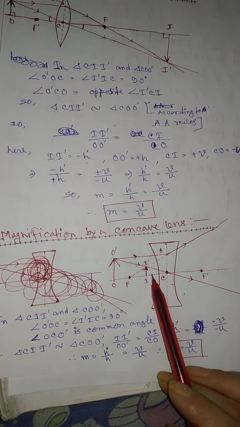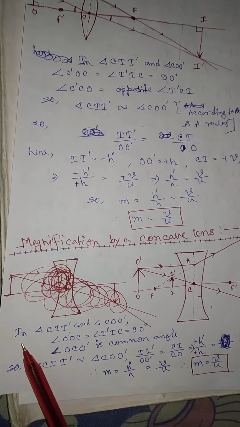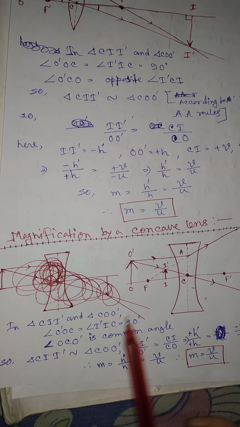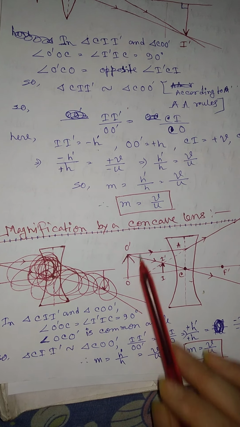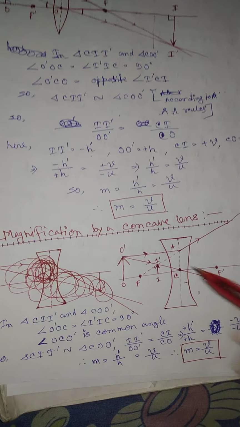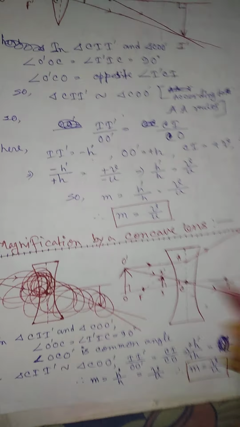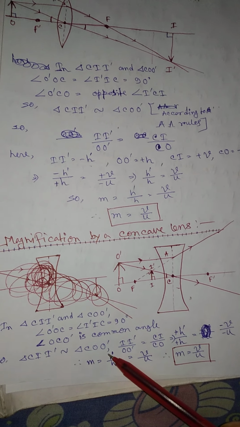So this is the virtual image. In the two triangles CI dashed and COO dashed, just look at here, these two angles are 90 degrees and this is the common angle between them. So these two triangles are similar triangles.